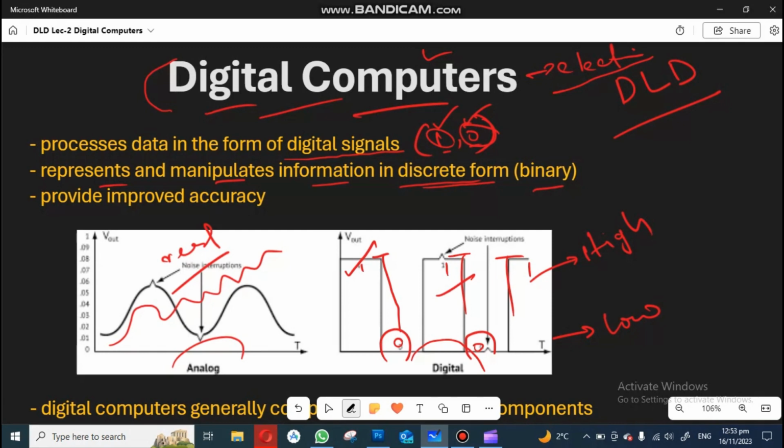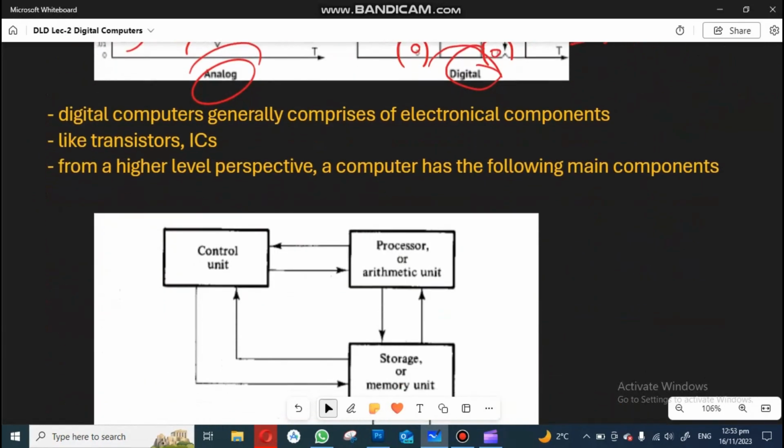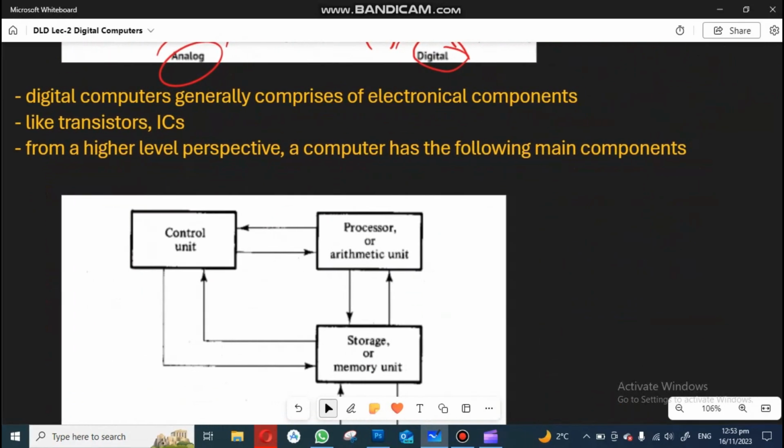We are not pointing towards the exact point. It may be 36 point something. So temperature is a continuous entity, and for dealing with such kinds of quantities we use analog computers, and digital computers are used to process data in digital form, or data which is simply in the form of 0 and 1.